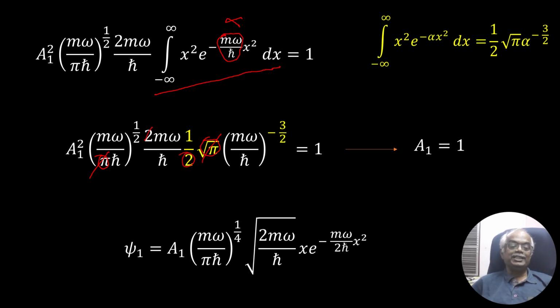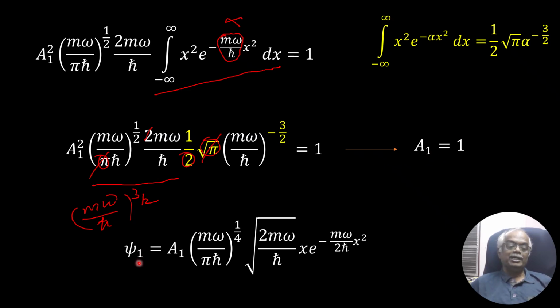The remaining thing is, if you multiply the first two parameters, m omega over h cross power of this is m omega over h cross, so this becomes m omega over h cross power 3 by 2 plus 3 by 2. Here you have m omega over h cross minus 3 by 2. So if you multiply both, you will get 1. Then A1 squared is equal to 1. Luckily, A1 is equal to 1.